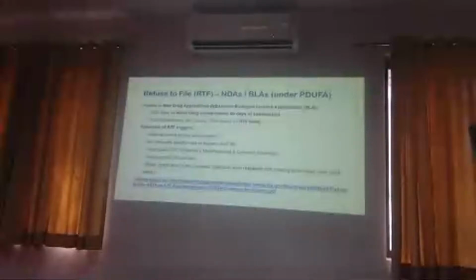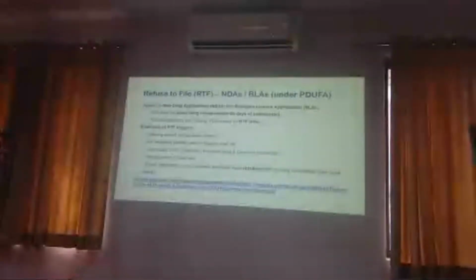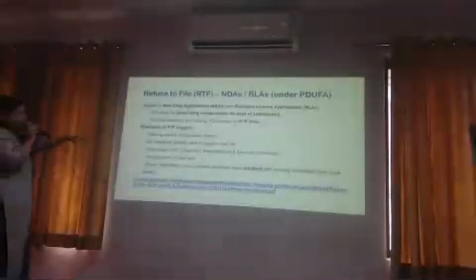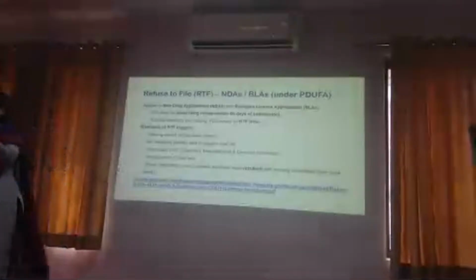So refuse to file is for the NDAs and BLAs, which apply to new drug applications and biological license applications. FDA does an initial filing review in the first 60 days. If critical elements are missing, FDA issues this letter, like missing some studies or inadequate stability data and all.